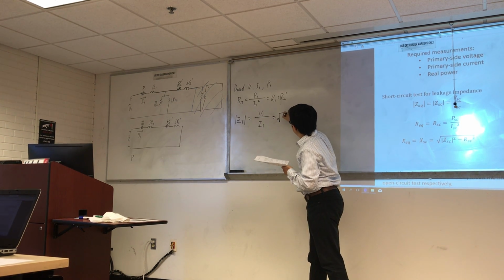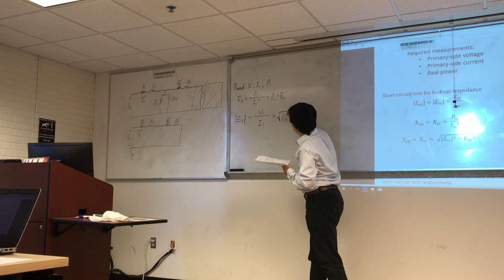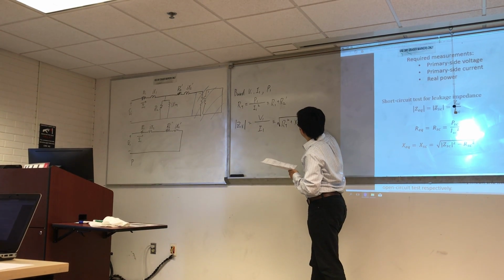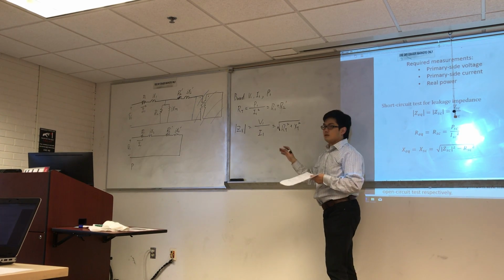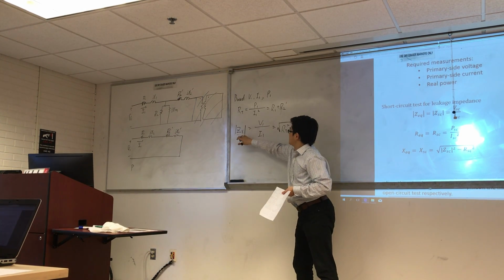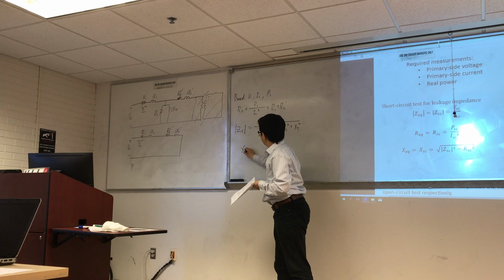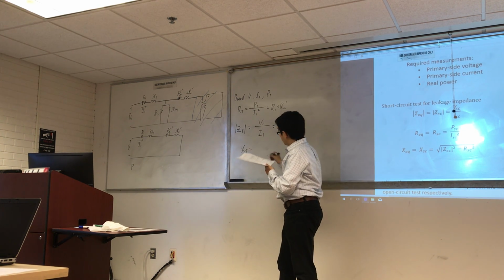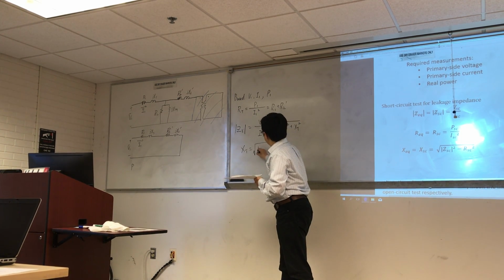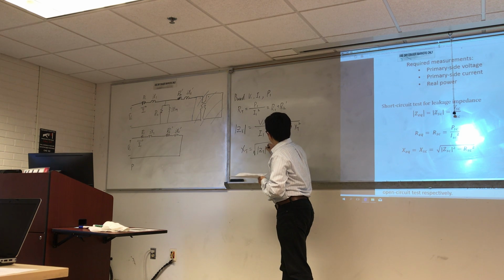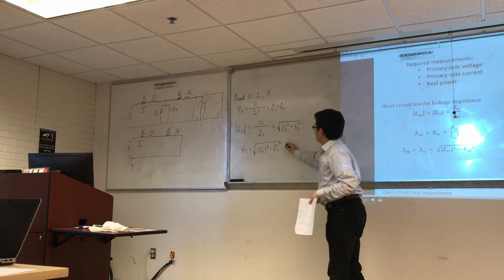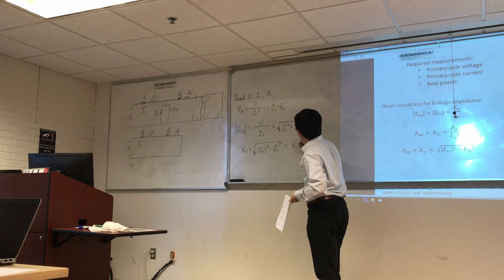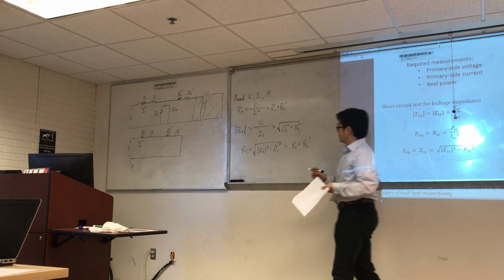Your ZT is the square root of RT squared plus XT squared. Then we know the RT, we know the ZT, so we can find XT. XT equals the square root of ZT squared minus RT squared. And XT is X1 plus X2 prime.